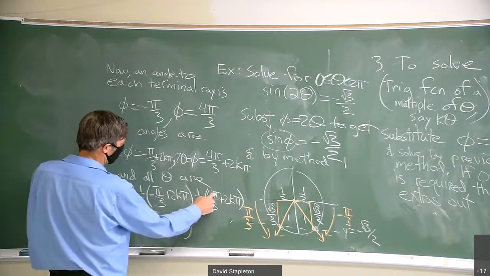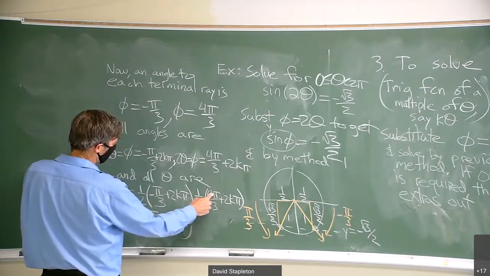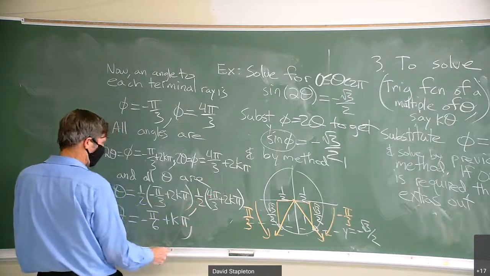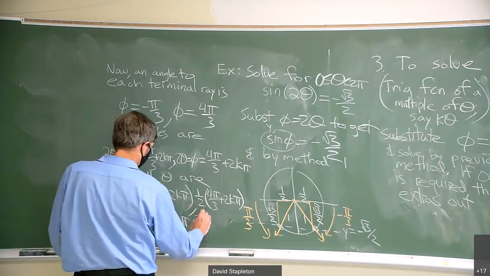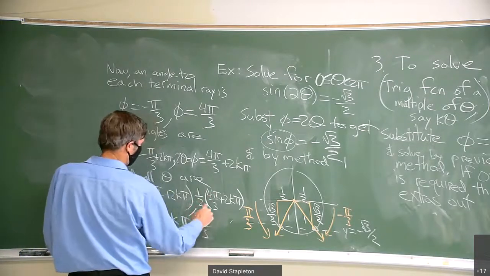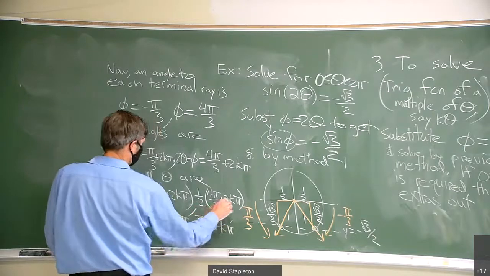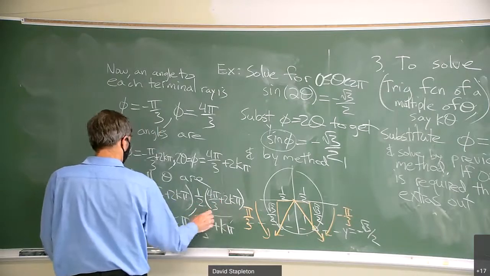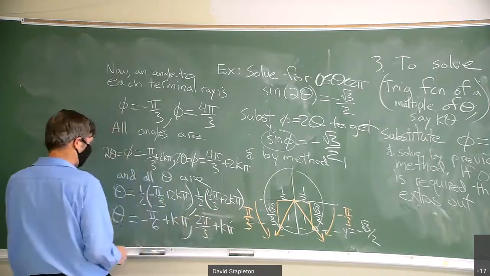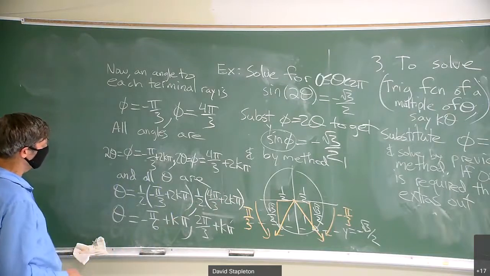Or on this one, a half times 4 pi over 3: the 4 and the 2 cancel, and you get 2 pi over 3. And a half of 2k pi is k pi. There are all the angles theta that you can get.